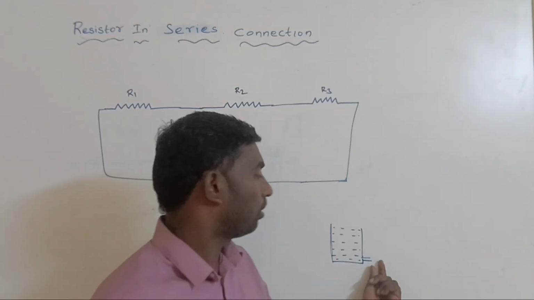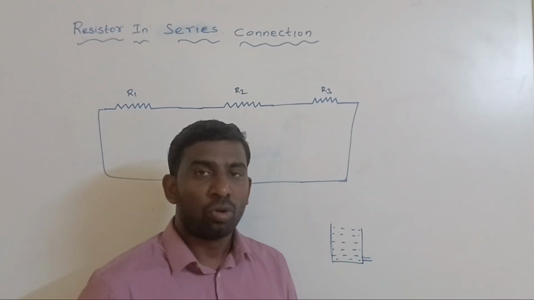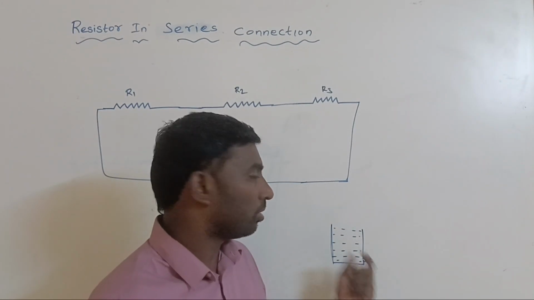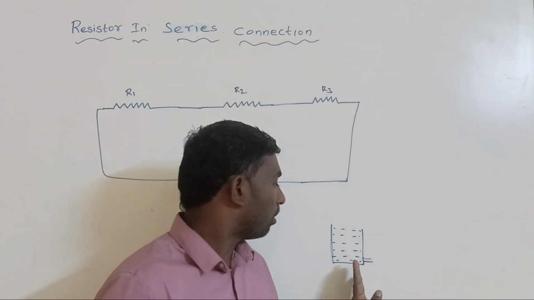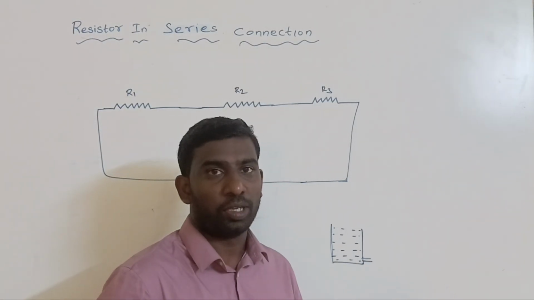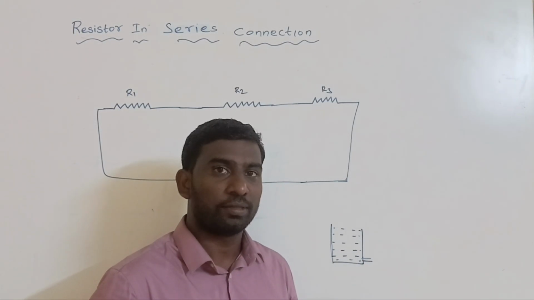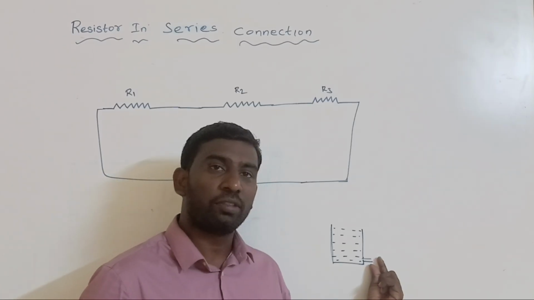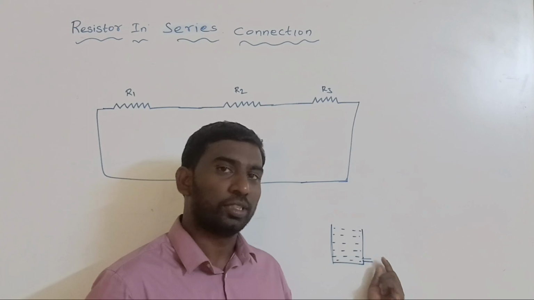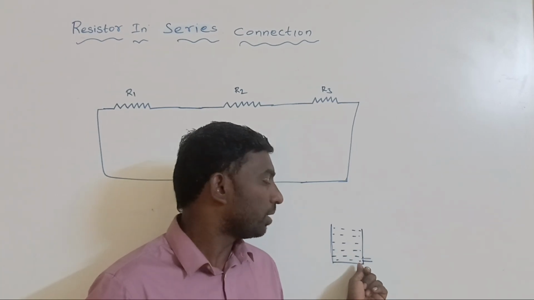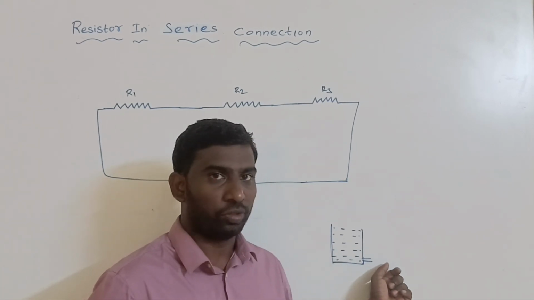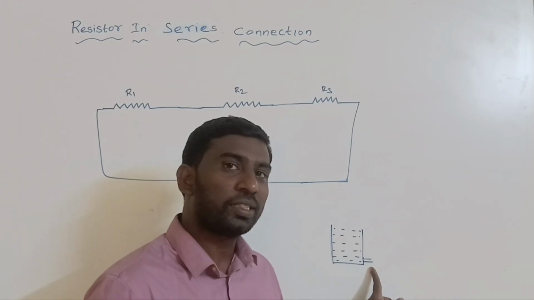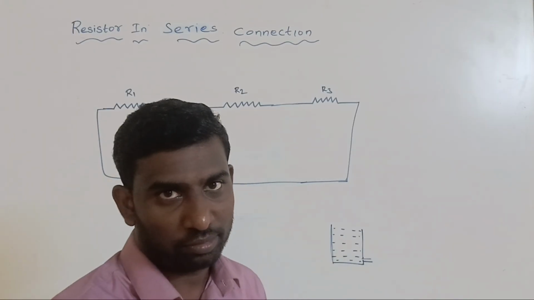Why does all the water not come out immediately? Because the pipe has only a very small gap, so only a small amount of water moves. So this pipe is the resistance.